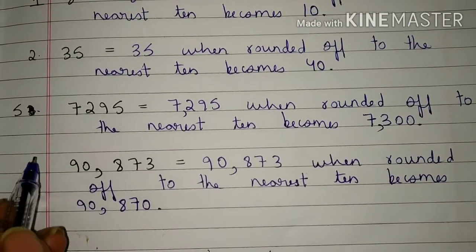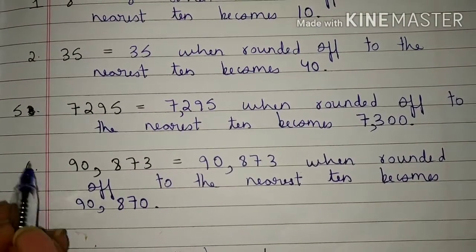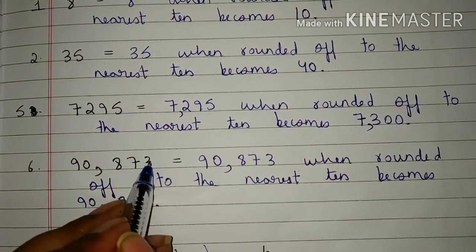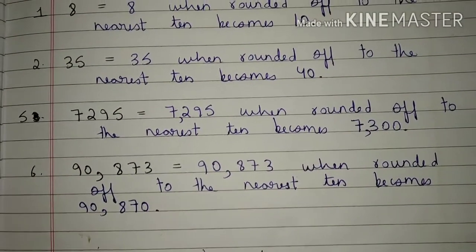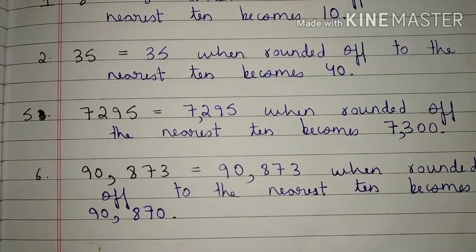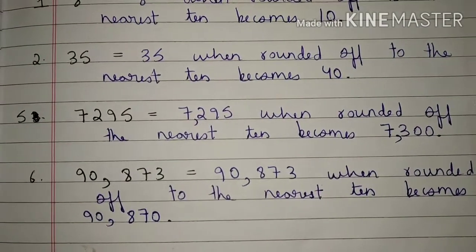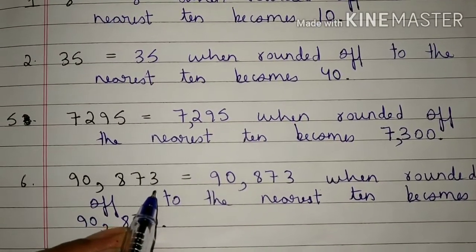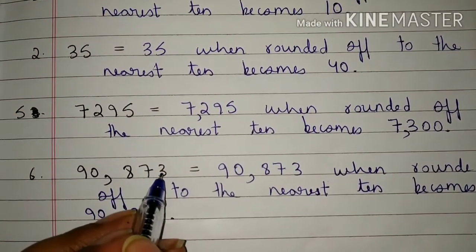Students, now come to the sixth question. Number is 90,873. Students, when you have to round off a number to the nearest 10, you will check the digit in the ones place. Here in the ones place, digit is 3.